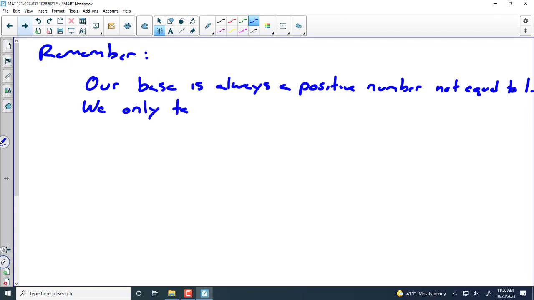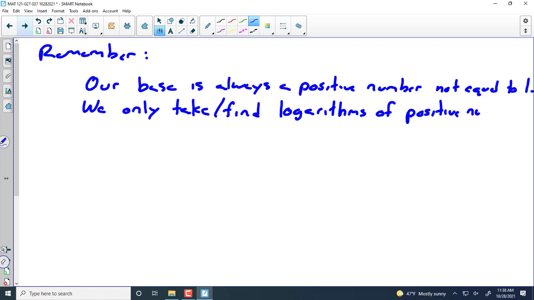We only take or find, whatever you want to say, some people say you take a logarithm, some people say you find a logarithm, we only take or find logarithms of positive numbers. So when I give you these rules, remember, anytime I'm talking about a base, I'm specifically talking about a positive number not equal to 1. And anytime I take the logarithm of something, I'm specifically only taking the logarithm of a positive number.